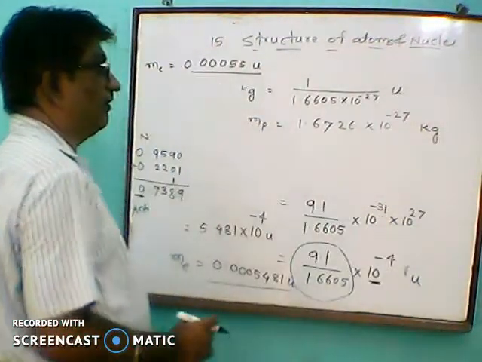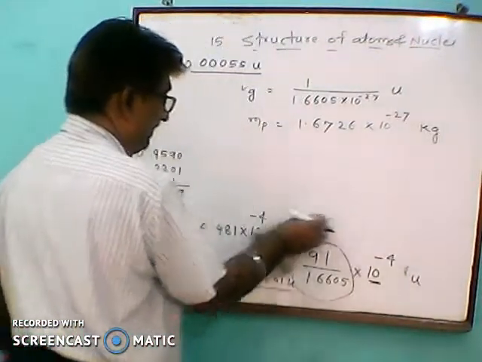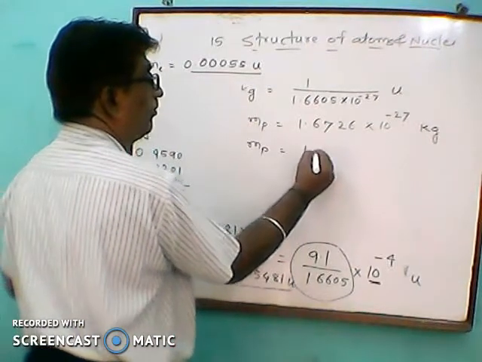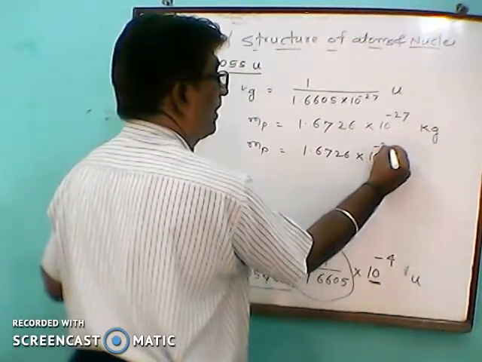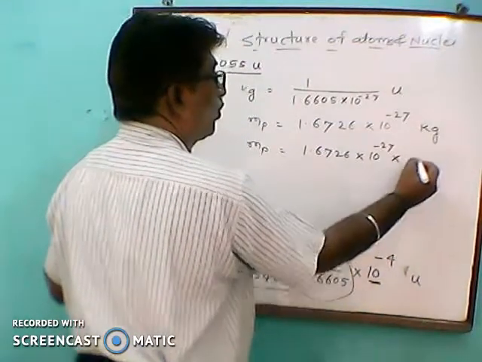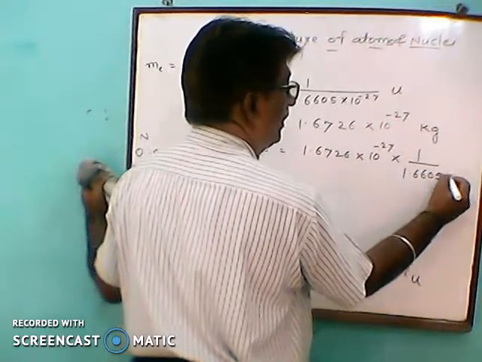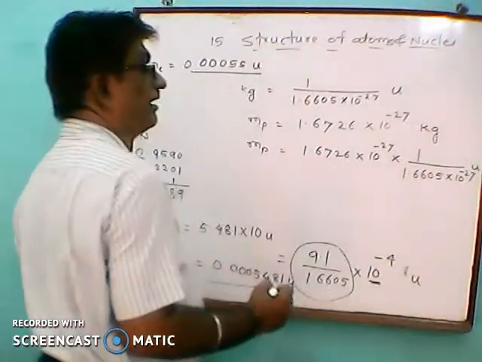In terms of atomic mass unit, the mass of proton is 1.6726 into 10 to the power minus 27 into 1 upon 1.6605 into 10 to the power minus 27 atomic mass unit.